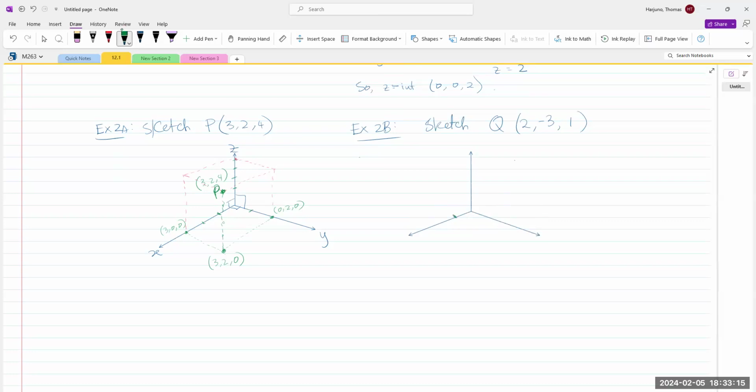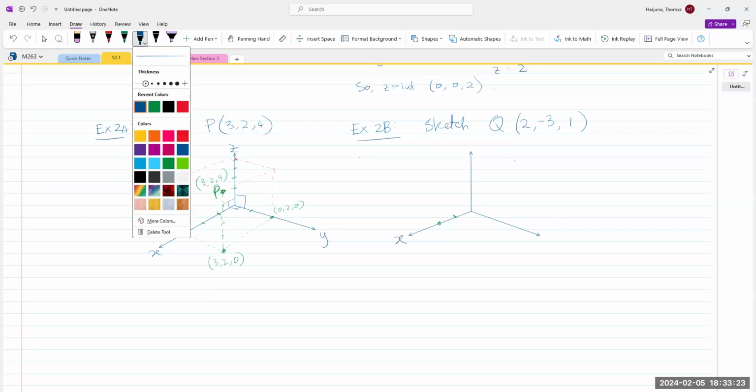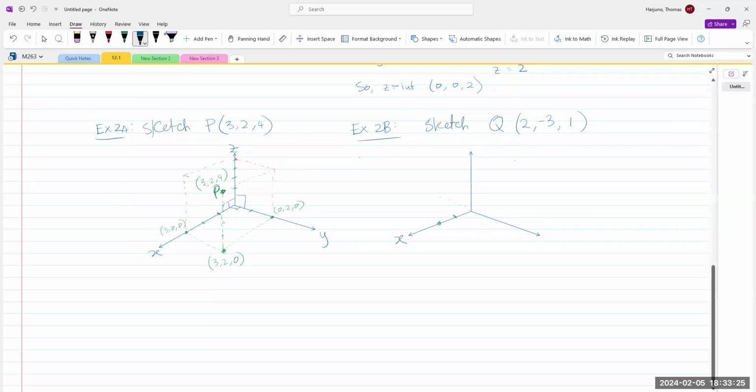2 units in the x direction, okay, and then -3 in the y direction. Oh, this one is hard. Hold on. Let me use this. I want to drag this longer.